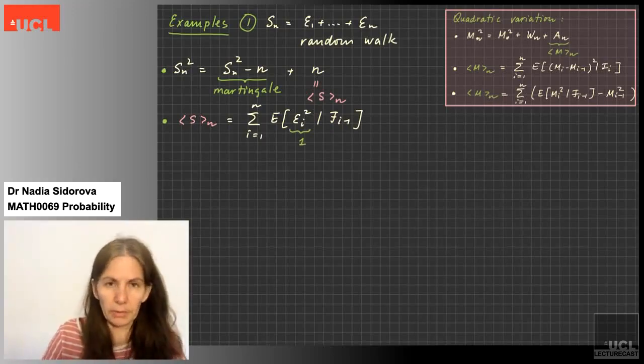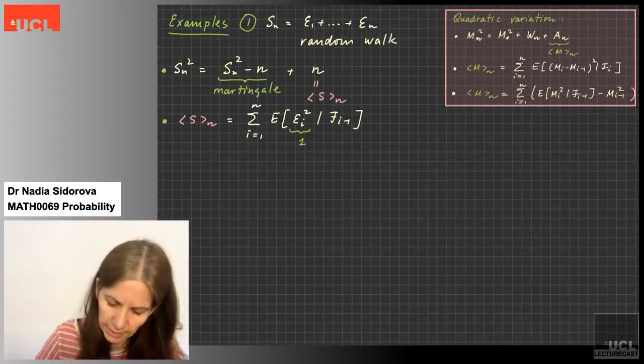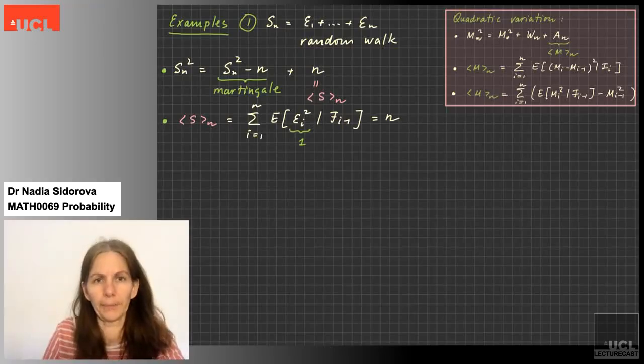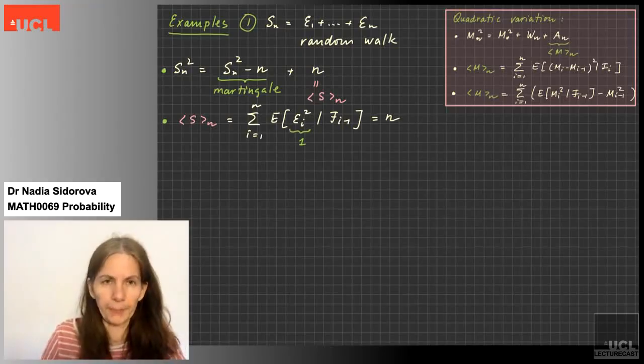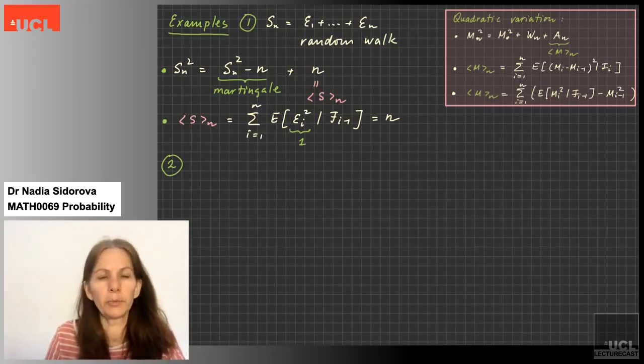So this means I get n ones, and this is how I get the answer, which is n again. Okay, so this is how you do it for the random walk. Now let's look at another martingale we know. Let's look at the Galton-Watson process. We know it will be a martingale if the offspring distribution has mean 1.